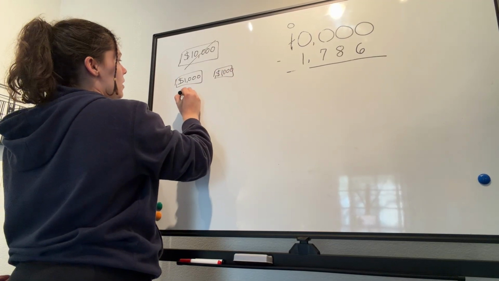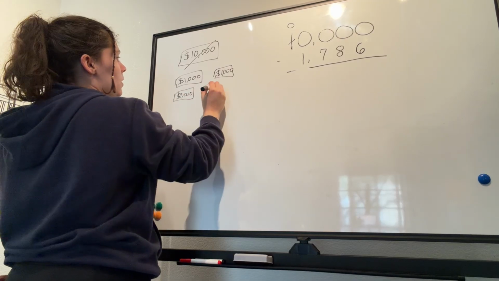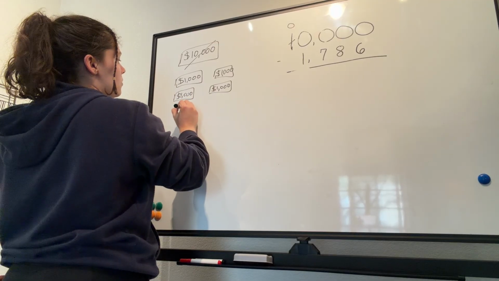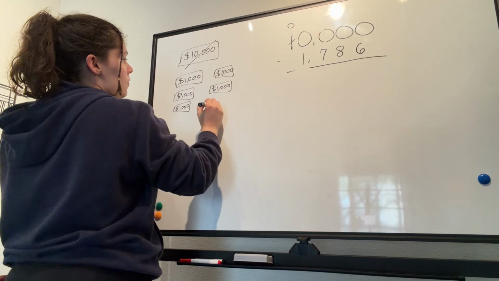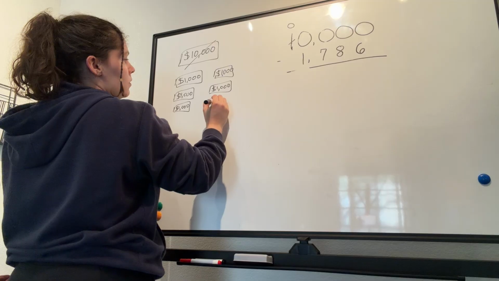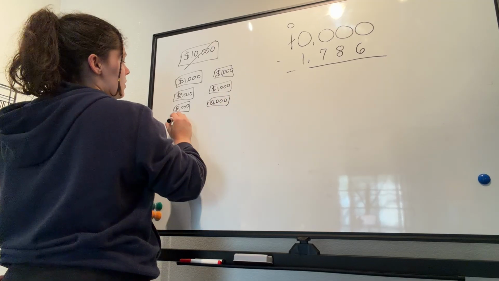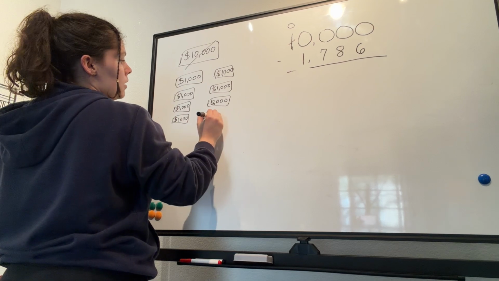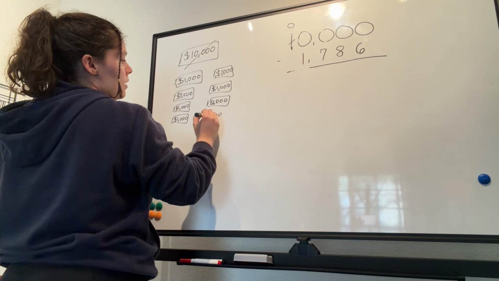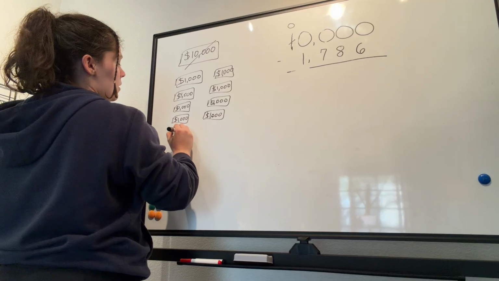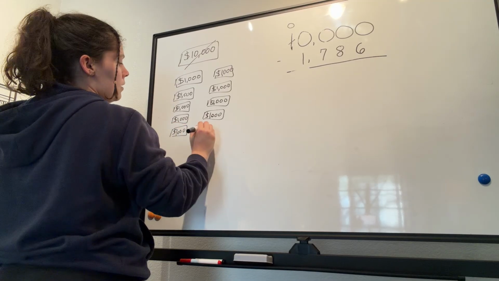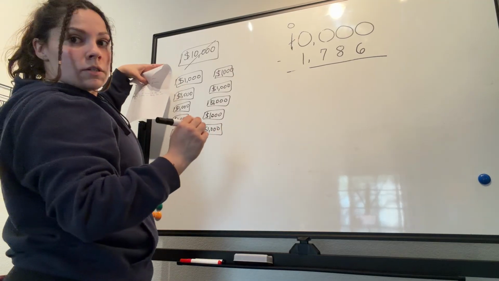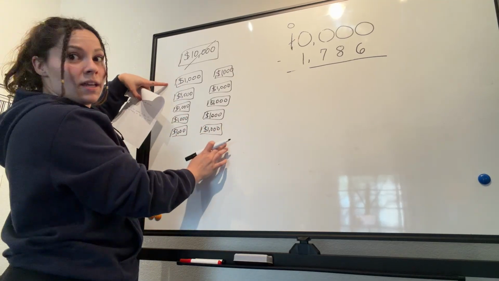So I have 10 $1,000 bills: 1, 2, 3, 4, 5, 6, 7, 8, 9, and 10. I split this $10,000 up into 10 $1,000 bills.